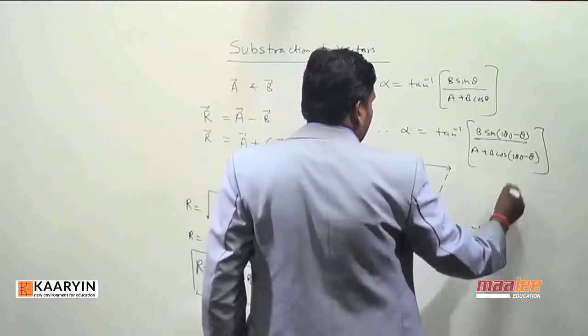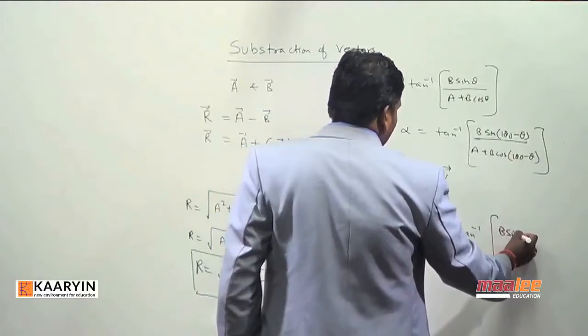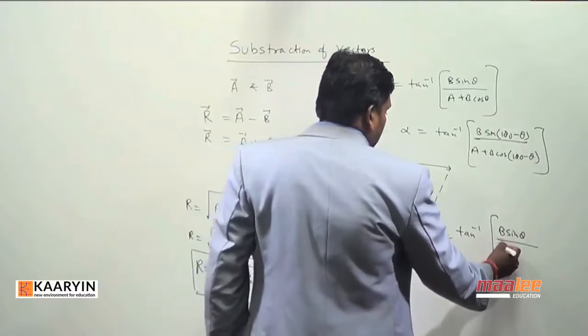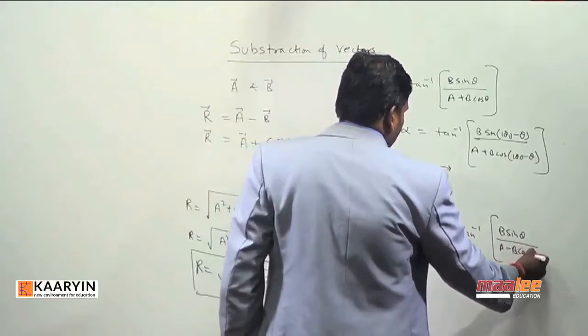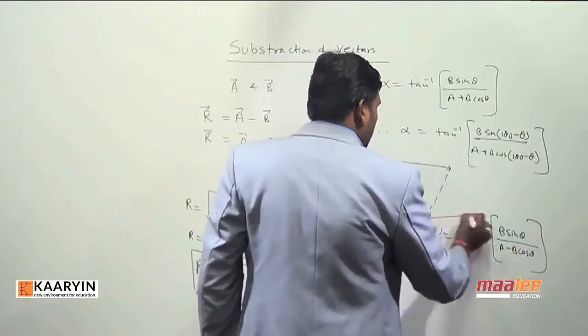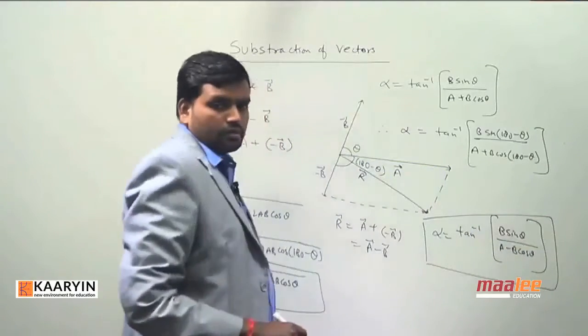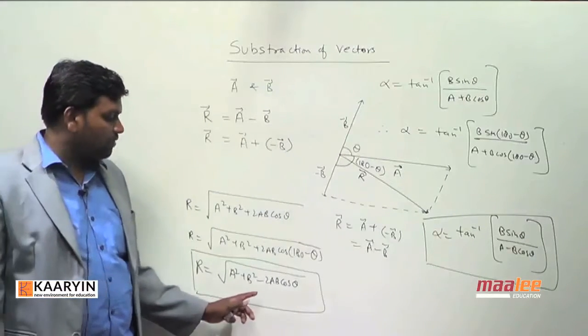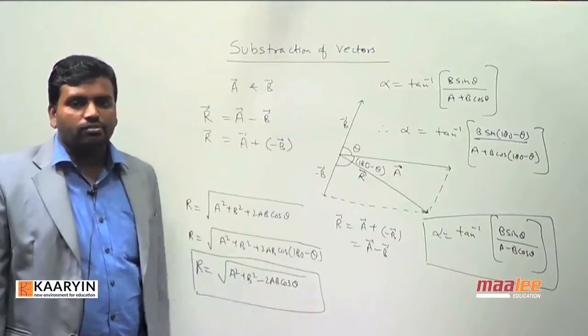What is sin of 180 minus theta? This is sin theta. And what is B cos of 180 minus theta? That is minus B cos theta. So, this is the formula for direction, correct or not? And the earlier one is the formula for magnitude.